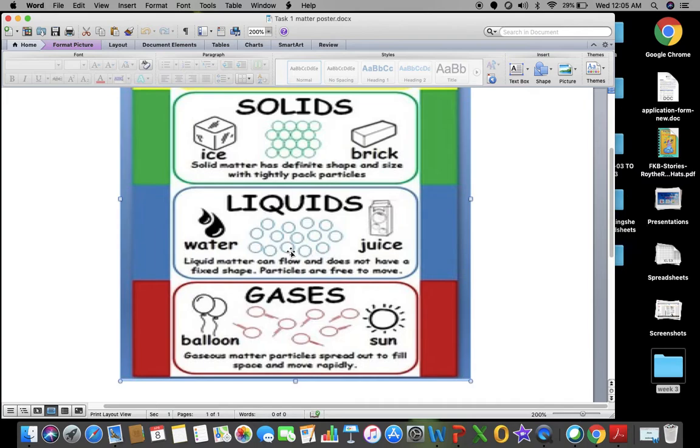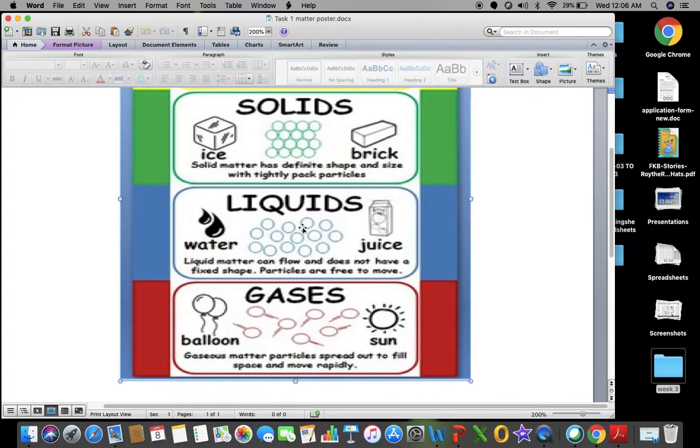Whereas if you look at this here in liquids, because we all know that liquids can flow and we can pour them, their shape depends on the shape of their container. Have a look at this arrangement of molecules.